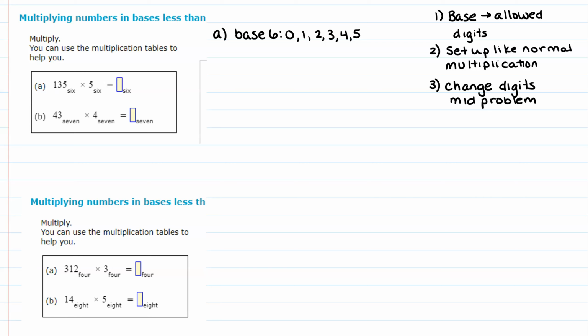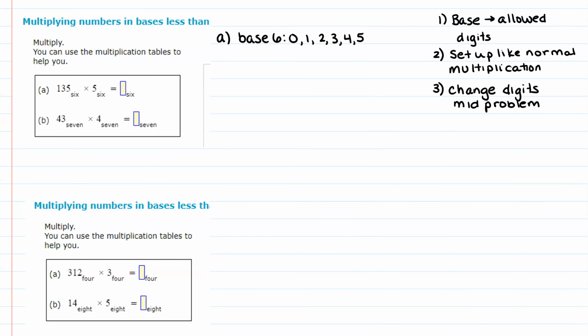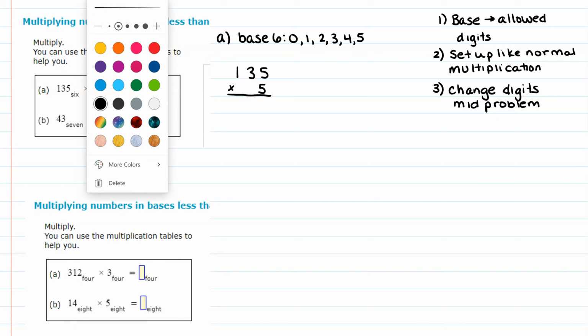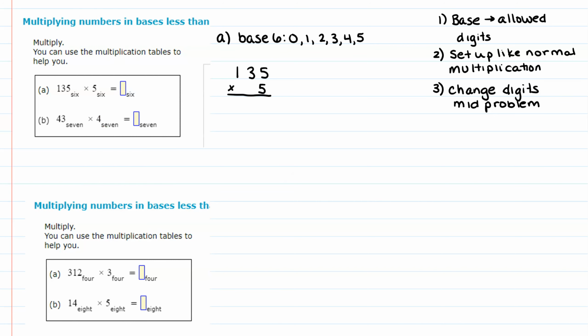So in question A here, this top A, I've got 135 times 5, and we're in base 6. So base 6 is 0, 1, 2, 3, 4, and 5. So I'm going to do the regular normal multiplication of 5 times 5. So 5 times 5 is 25, but 25 is not allowed.